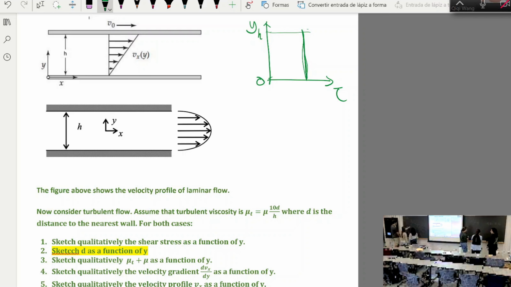Wait, so since the derivative is... these two lines are not exactly what you have in plot 3, right? So your plot 3 is shifted up a little bit. If you just add 0.2 or 0.3 or something, then we can just sketch it, since at the wall there's a no-slip condition.